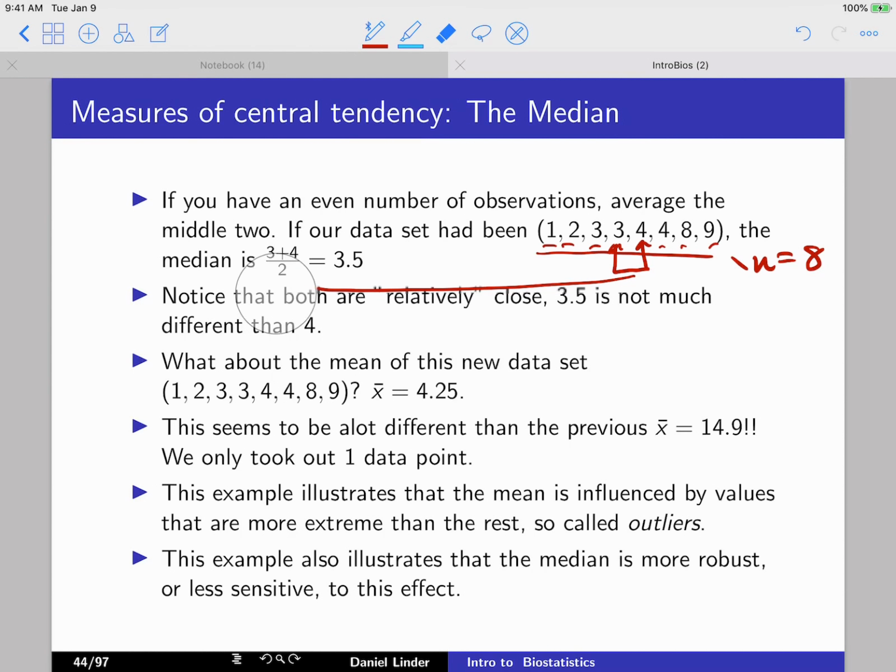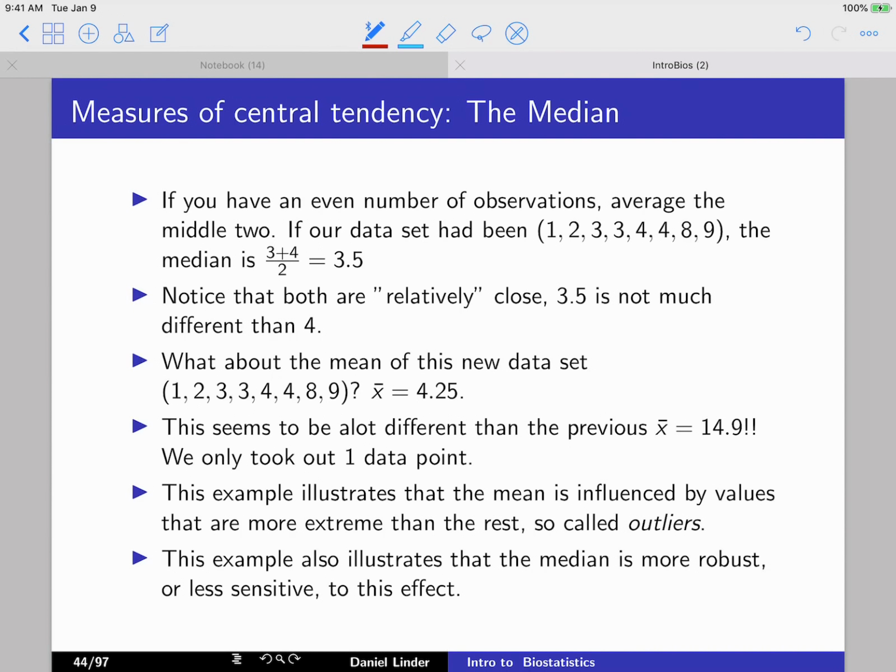This brings up an interesting observation. The median for this data set is 3.5, and the median for the data set with 100 left in it is 4. So these two medians are relatively close to each other. 3.5 is not too much different than 4. Well, what about the mean of this new data set?